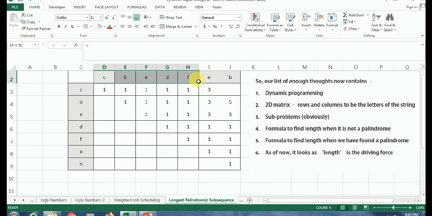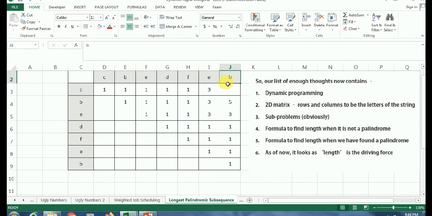So CBEDFEB becomes our next subproblem, which also happens to be our problem, which is going to be a composition of CBEDFE and BEDFEB. So CBEDFE is 3 and BEDFEB is 5.